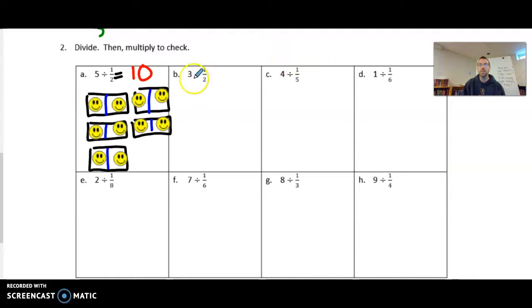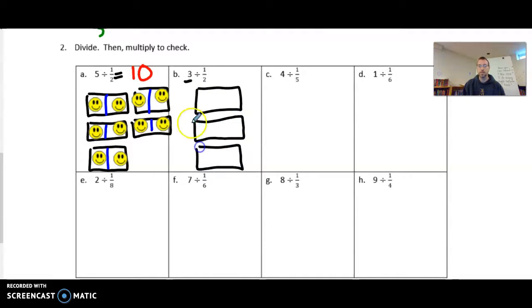And in this one, we have 3 wholes. So we have 3 candy bars, 3 models. And really what we didn't do over here, we should do it over here. We should label those as 1 wholes. And we're going to then divide those, or cut them into halves. Now we have smaller pieces.